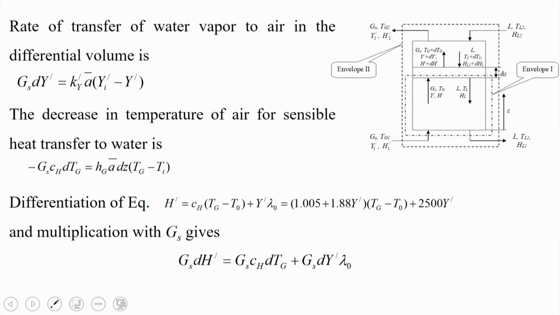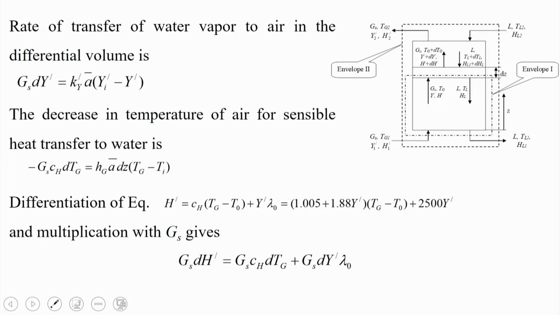So, the decrease in temperature of the air for the sensible heat transfer to the water is nothing but minus Gc into Ch into dTg, that is equal to Hg into A bar into dz into (Tg minus Ti).